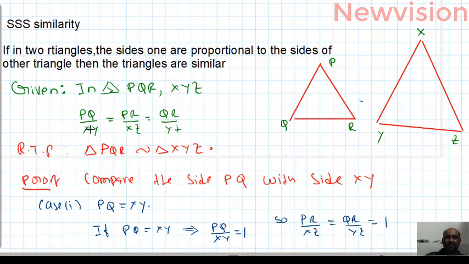So instead of PQ by XY, I can write 1. What is the meaning of this? PR equal to XZ, QR equal to YZ. Means if PQ is equal to XY, under this condition directly PR equals XZ and QR equals YZ, that you got. Means three sides of the first triangle are equal to three sides of the second triangle. From SSS congruency, the two triangles are congruent.